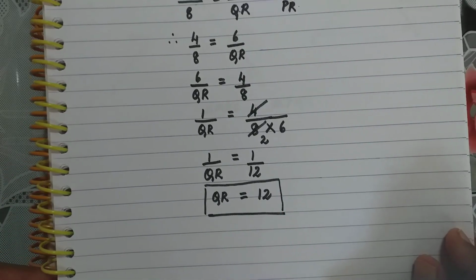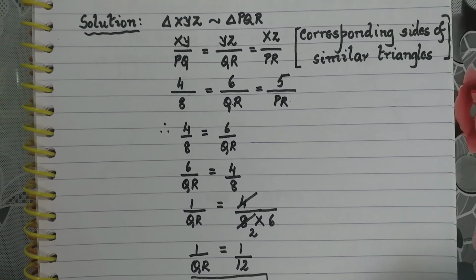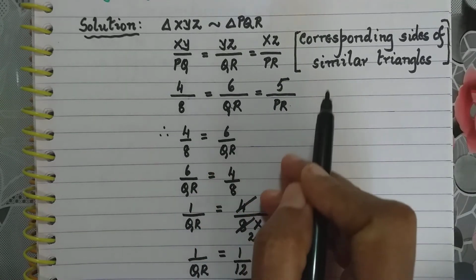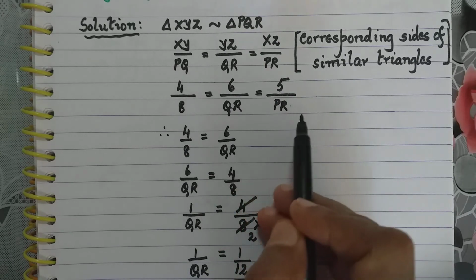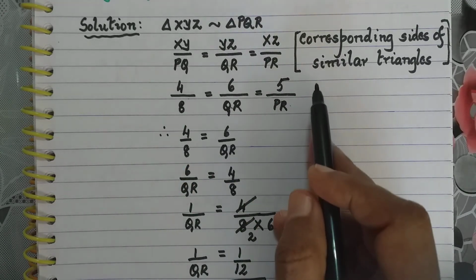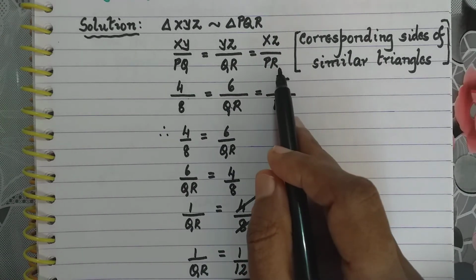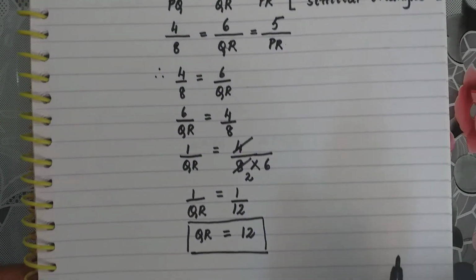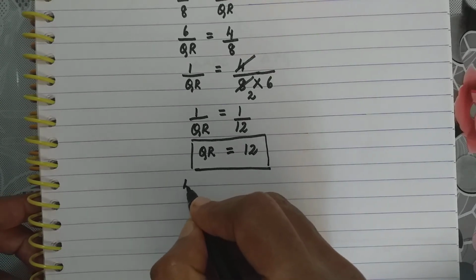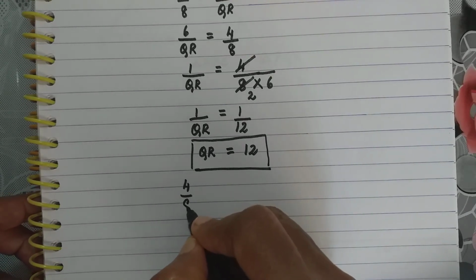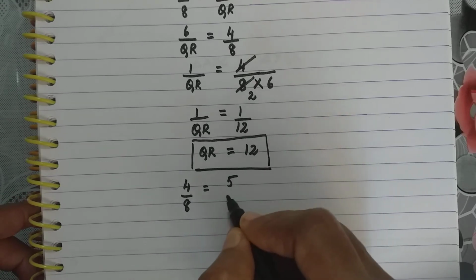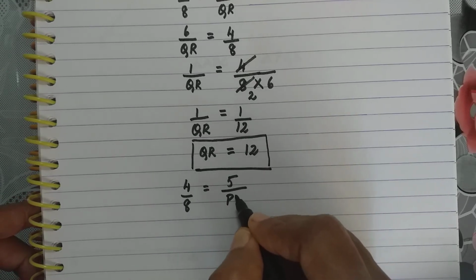We have got one value. Now I also have to find what is PR. Now I can't take the 2 ratios with QR because here also unknown, here also unknown. So what do I do? I take 4 upon 8 is equal to 5 upon PR.